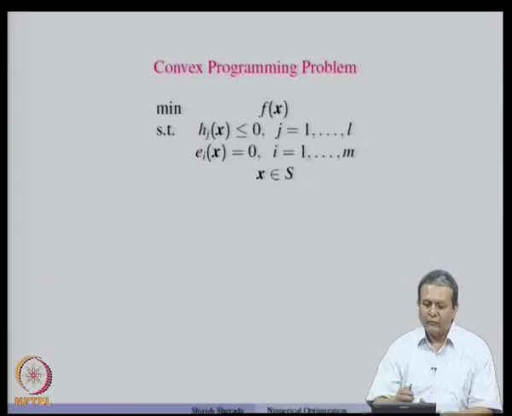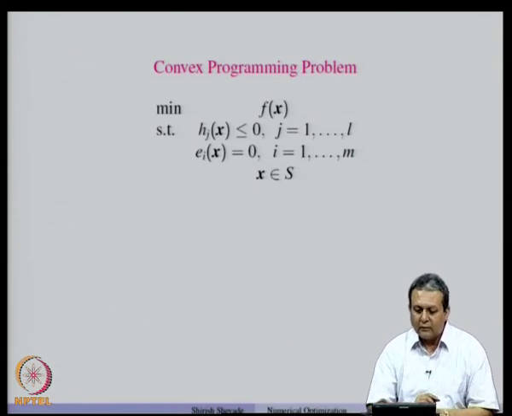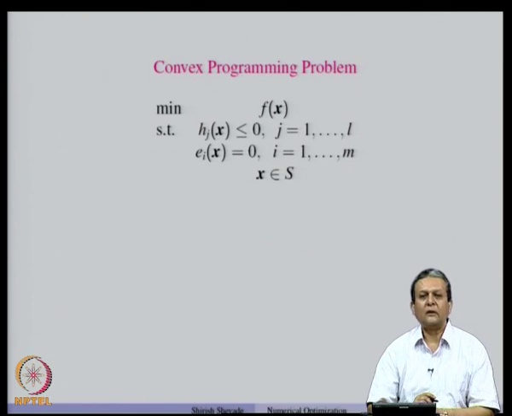Okay. Now, under suitable conditions, the first order necessary conditions for constrained optimization problems are also sufficient, and those problems are called convex programming problems. Now, in the unconstrained case, we saw that if you want to minimize a convex function over the set Rn, then the first order necessary conditions are also sufficient.